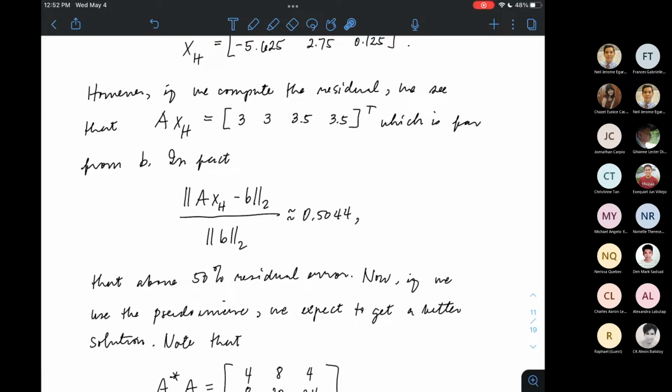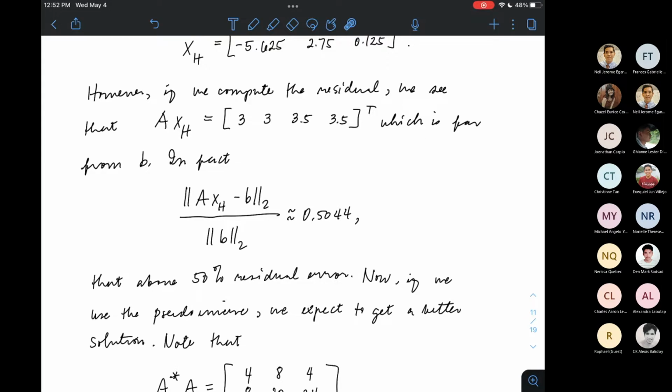Sino yung pinakamagandang pwede nating kunin as a solution? Well, our discussions earlier told us na ang pinakamagandang solution insofar as the L2 norm is concerned ay yung pseudo-inverse. So basically, we will compute A plus times B. Ito yung pinakamagandang solution with respect to the L2 norm.